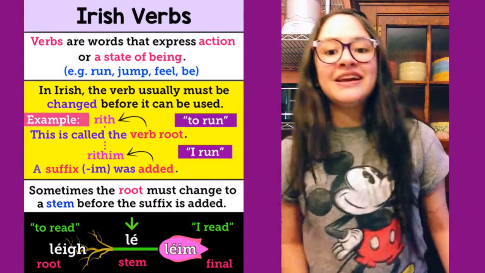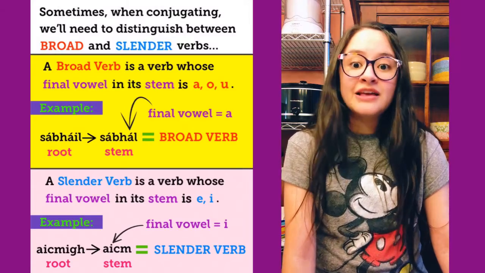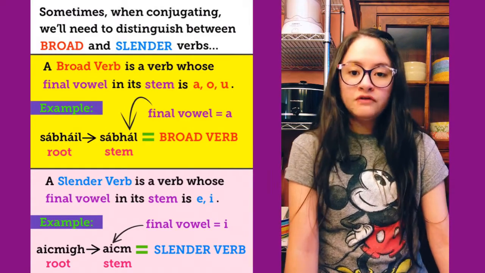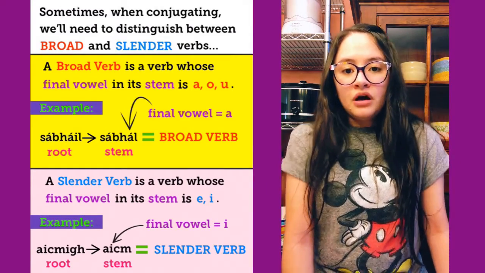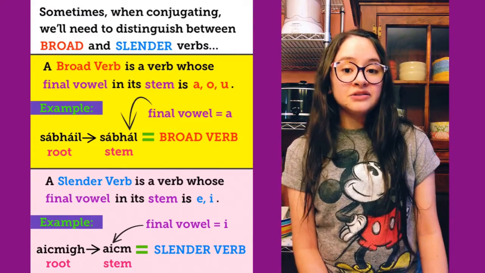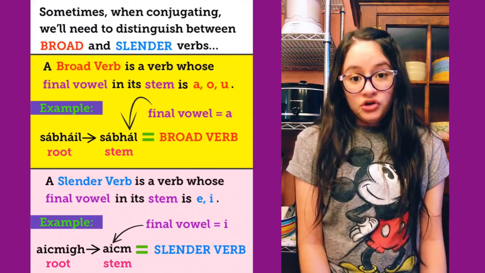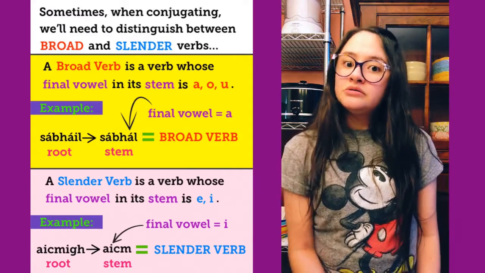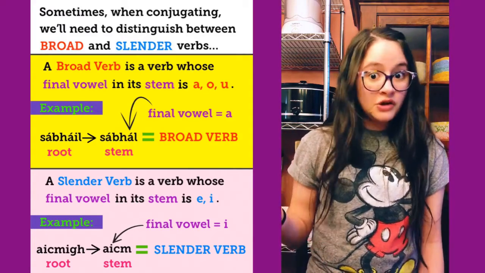Before we actually get started conjugating some verbs and learning the rules of that, we have to talk about one more topic, and that is the concept of broad verbs and slender verbs. Sometimes in Irish, you have to know the difference between a broad verb and a slender verb in order to conjugate and to know what suffix to tack on the end so that you can use the verb.